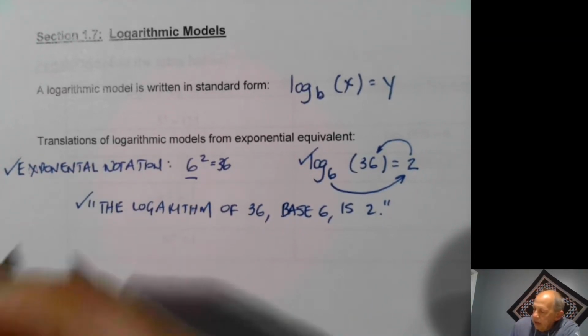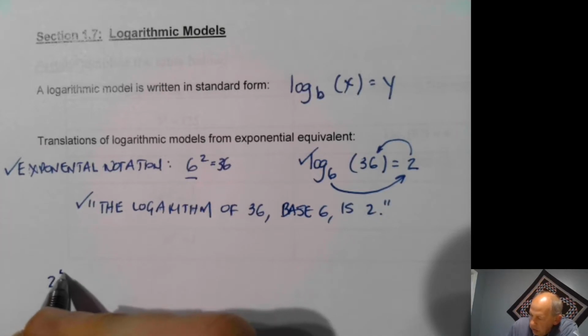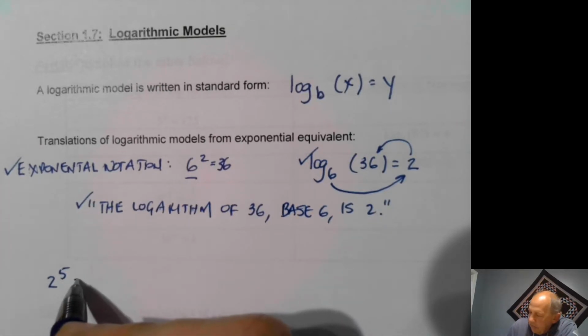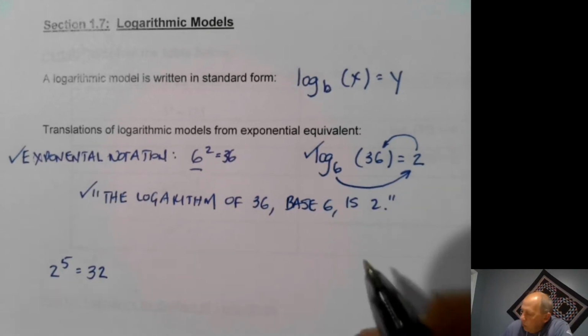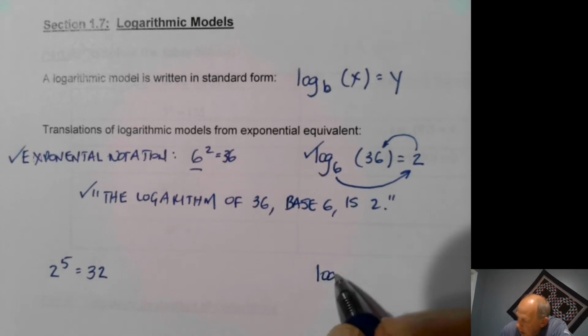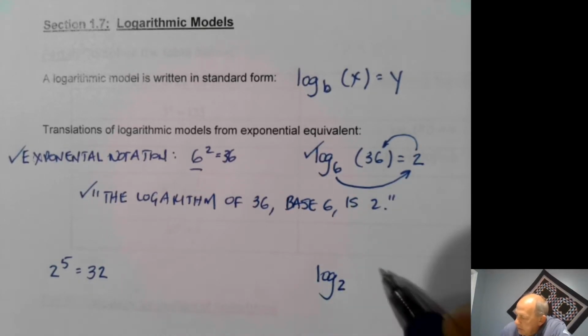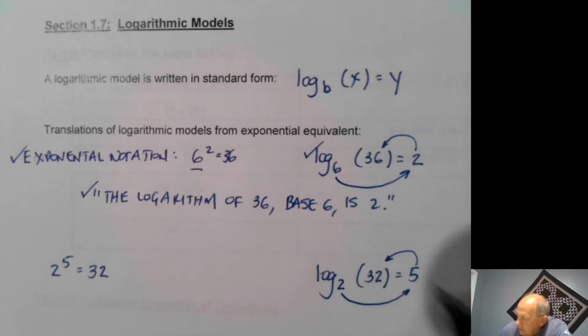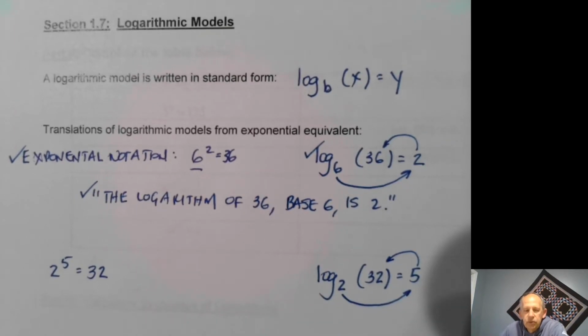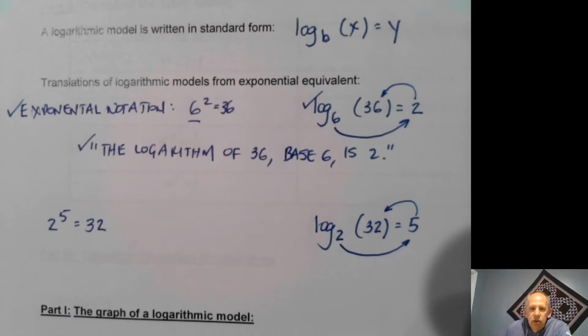Let's take a look at another one. 2 raised to the 5th power is 32. Writing that out as a logarithmic equivalent, there's my base 2, there's my 32, there is my 5. 2 raised to the 5th power is 32. There it is written as a logarithmic equivalent.